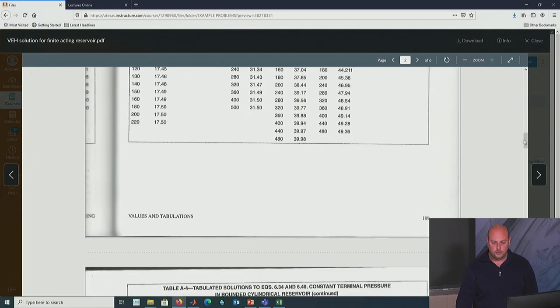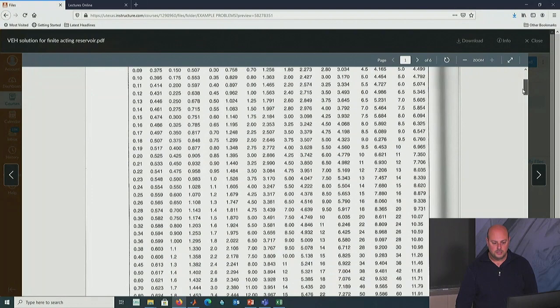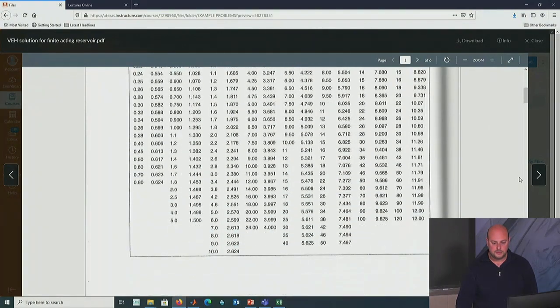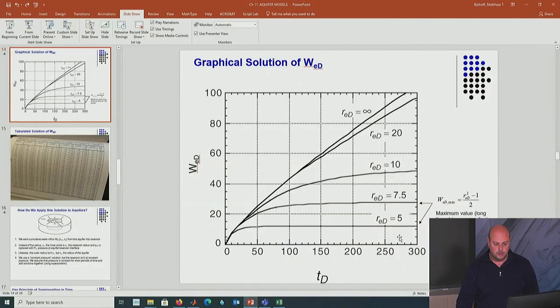And then I'd like to point out one other thing over here. On these, when you get to a point, it just stops. If I go back to my plot over here, remember when RED is equal to 5? When you get above about 50 or so, it asymptotes and is equal to the small pot aquifer, which we said for 5 would be 12.